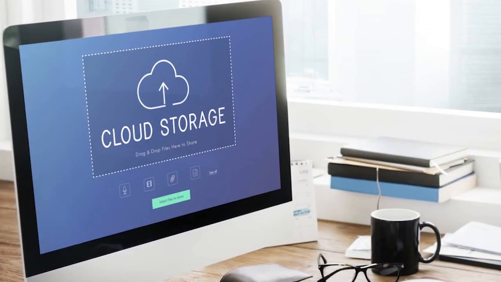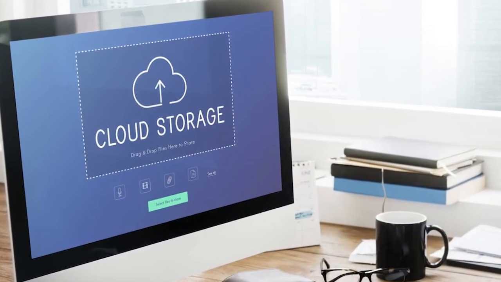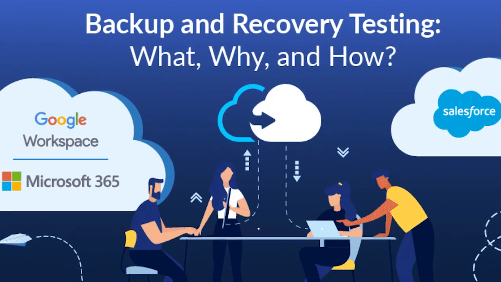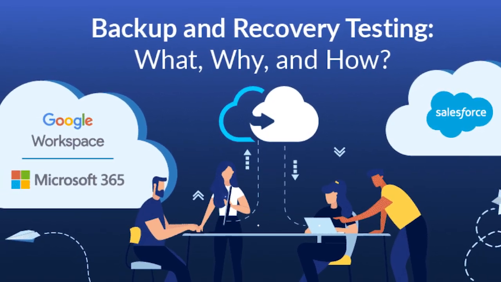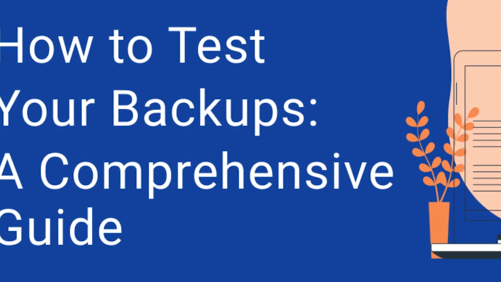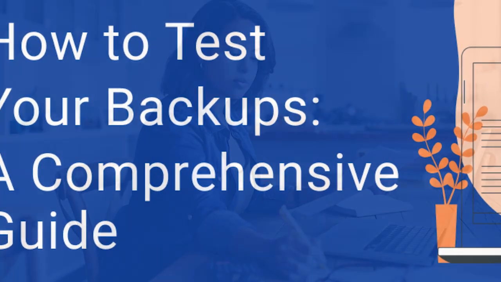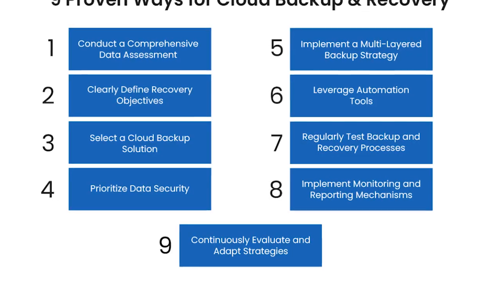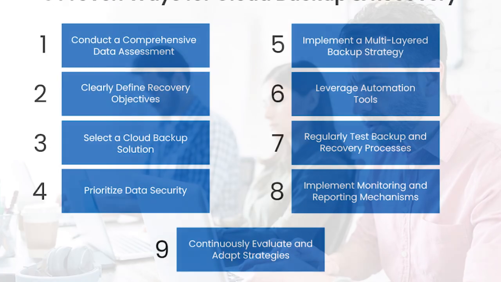To summarize, here are the main steps for testing your cloud backup system regularly. Verify your backup schedules to make sure everything is running on time. Perform test restores of both full systems and individual files. Use automated integrity checks to confirm data accuracy. Simulate disaster recovery scenarios to measure RTO and RPO.